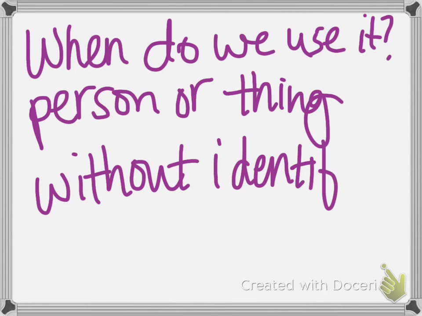So we often see this in the news. If we don't know who did something, then we use the passive voice. But as I've said several times, it's better to avoid the passive voice when possible. So first we're going to talk about how it's constructed, and then we're going to talk about how to avoid it.